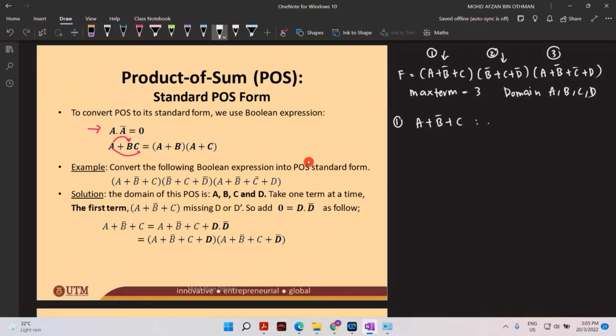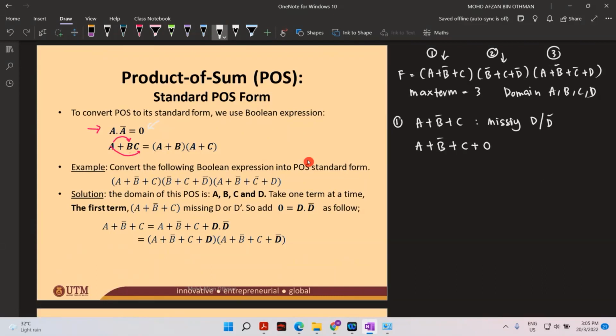Okay, yang ni missing apa? Missing D or D bar. Okay, we are missing a D or D bar. So macam mana nak buat? Okay, nak buat dia kita kena apply yang ni. By right yang ni A tambah B bar tambah C tambah kosong.